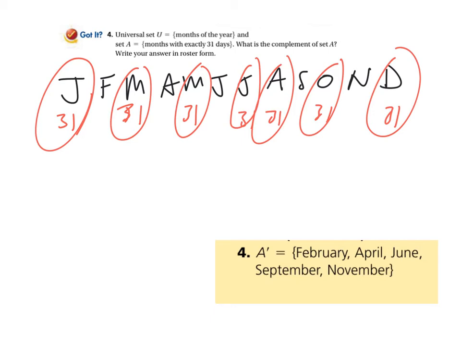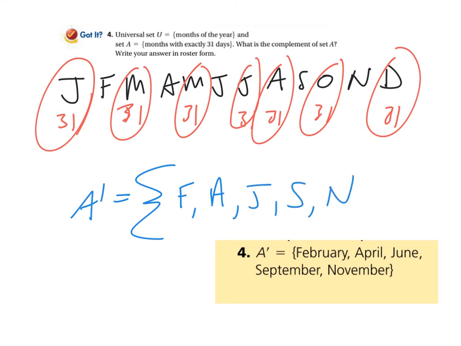What is the complement of set A? So the complement of A, A prime, in roster form, is going to be {February, April, June, September, November}. And there you go. The complement, the ones that don't have 31 days.